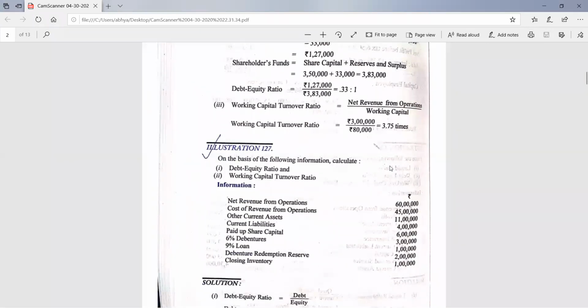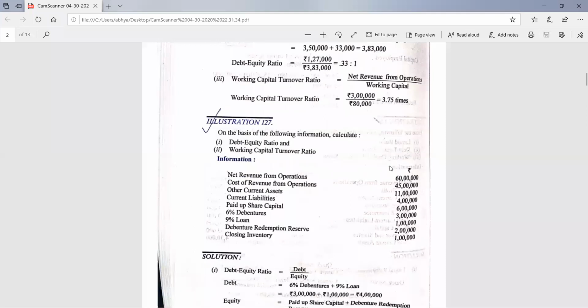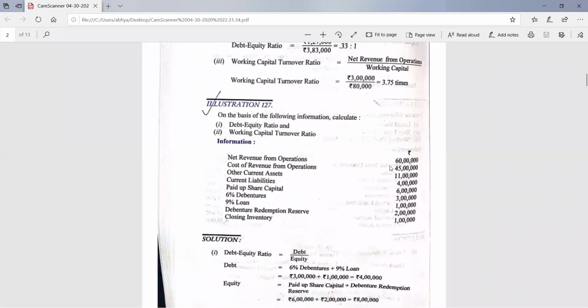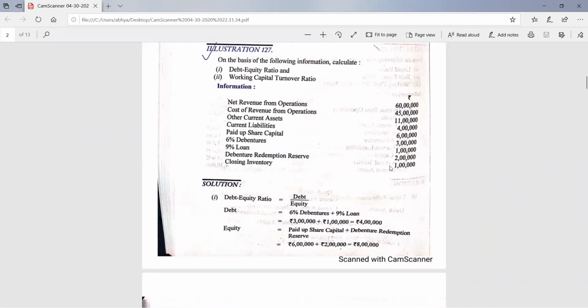Okay. Next, second question, debt equity ratio again and working capital turnover ratio. Debt equity ratio, again the formula is debt upon equity. So here debt is given, 6% debentures and 9% loan. These two are the non-current liabilities. So we are going to add these two, 3 lakh plus 1 lakh, 4 lakh. And equity means shareholder fund. Shareholder fund means share capital plus reserve and surplus.